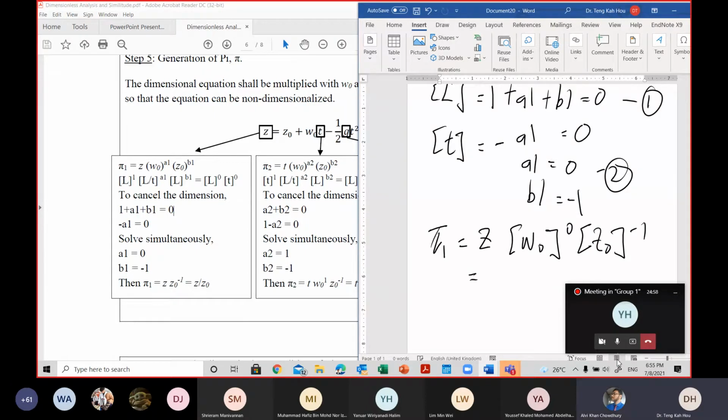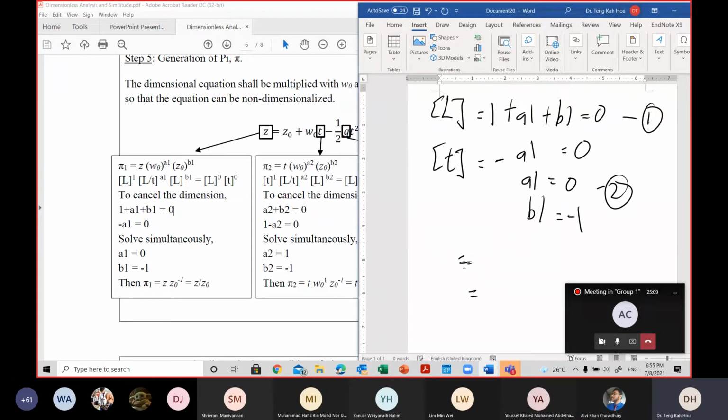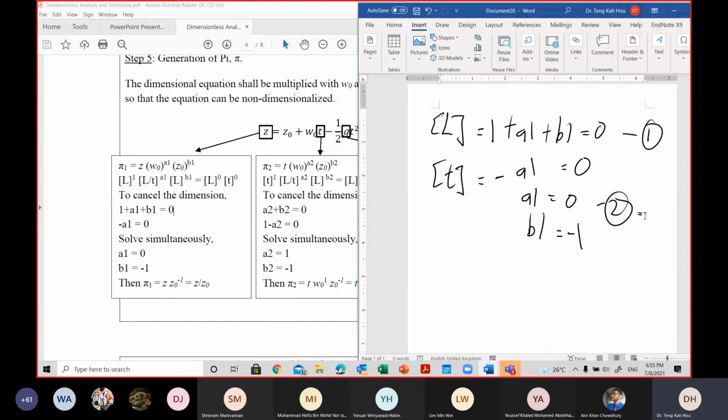Sir, can you show again how you got the A1 is equal to 0? Okay. So that's why please ask me during the class. I repeat again and again. If you're not sure where this thing comes from, always ask me. Okay, so just start from here.